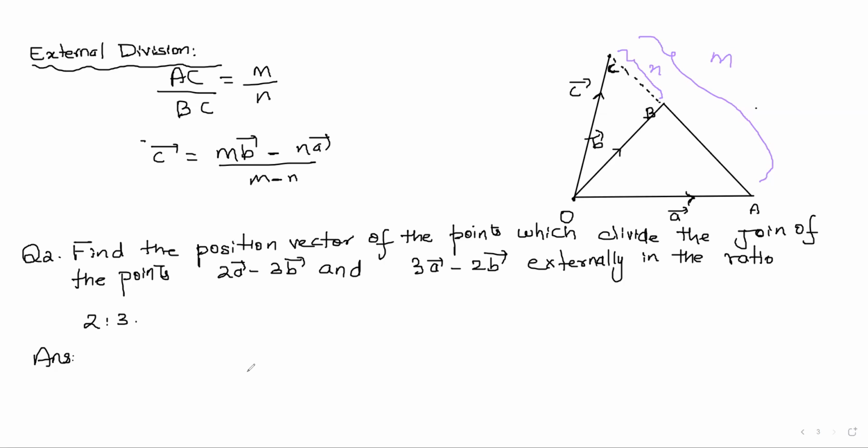So C is equal to MB minus NA by M minus N. Now C is equal to M. What is M?